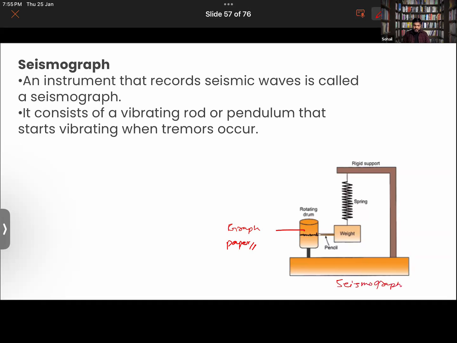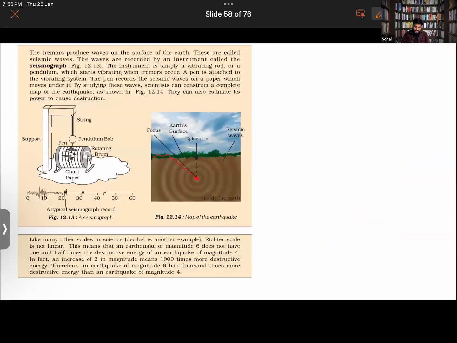Let me show you an animation that will clear it. You can look at this image as well here. Let's first understand the structure of it. Via a string, there's a pendulum bob suspended over here, as you were saying, Arhan. I was not talking about oscillation here because the concept of oscillation will not be applied here.